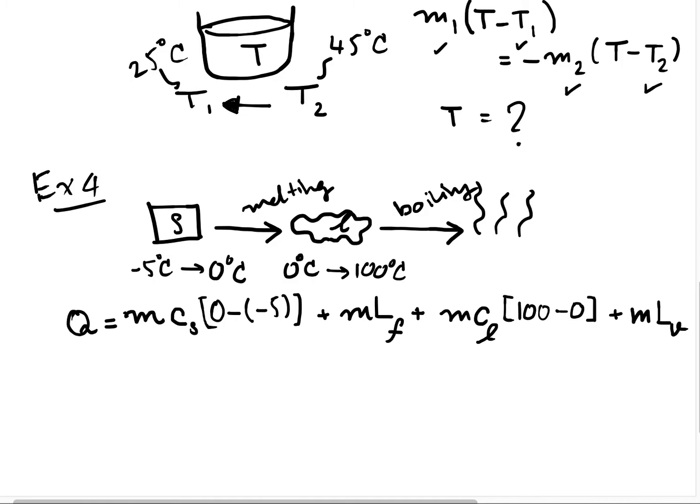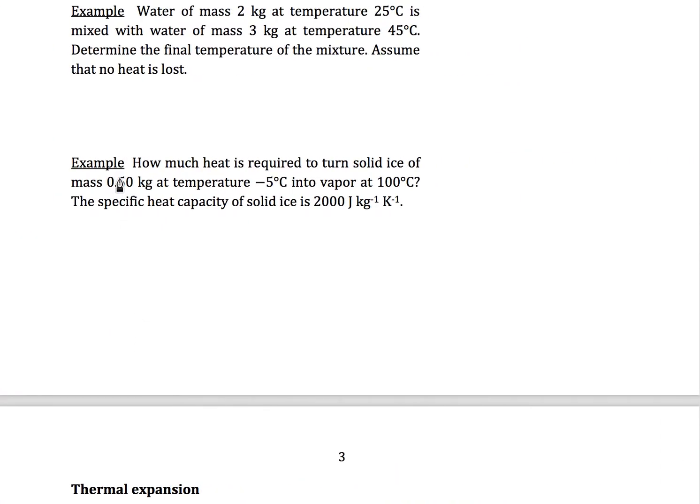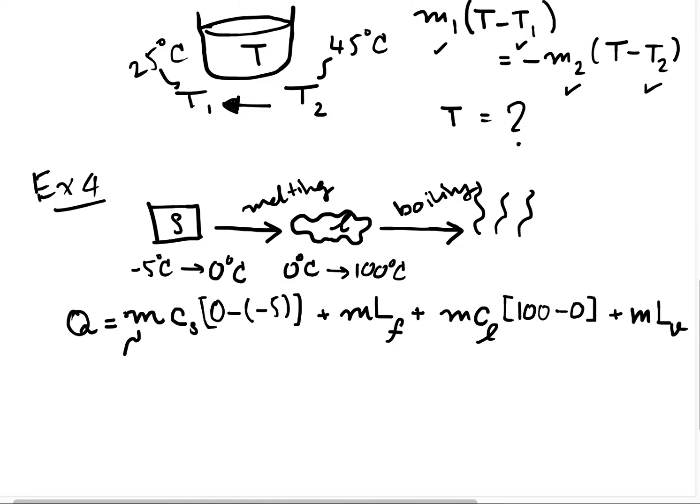Okay, and the mass here, what is it? It's half a kilogram. And the specific heat capacity for the solid is 2000 joule per kilogram per Kelvin.